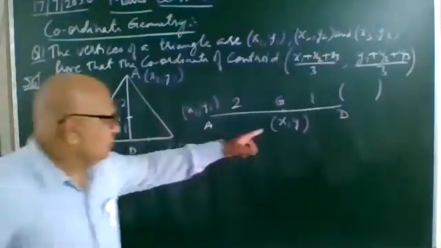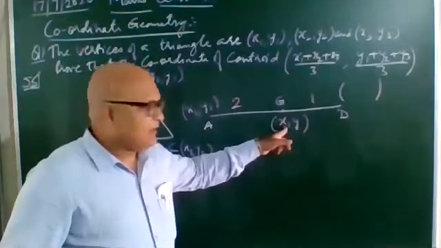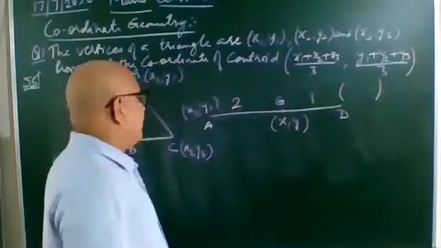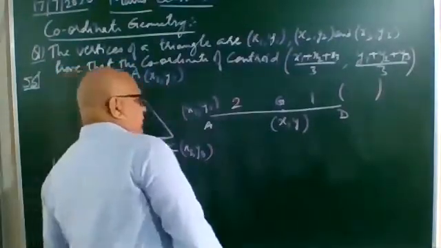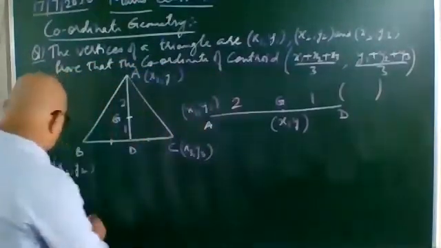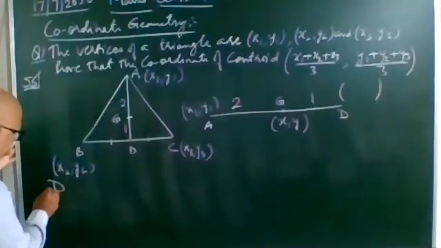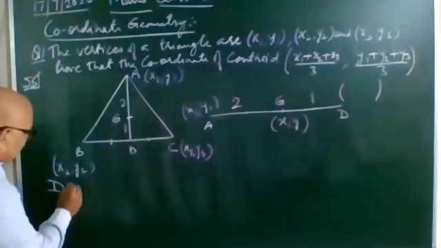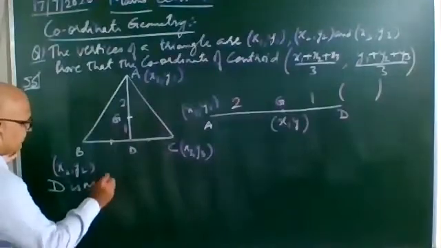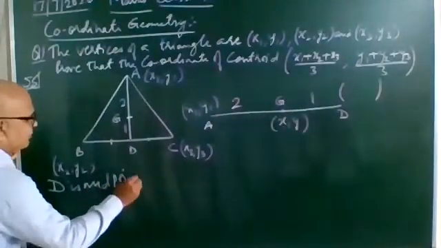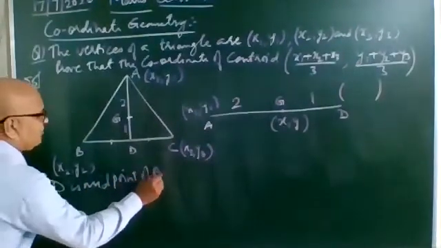You have to find out the coordinate of G. Now, you will write: D is the midpoint of BC.